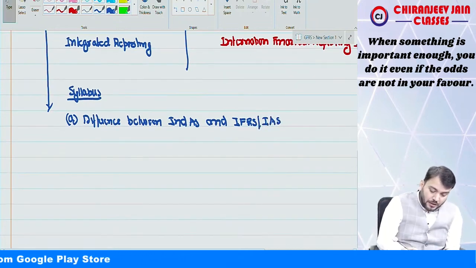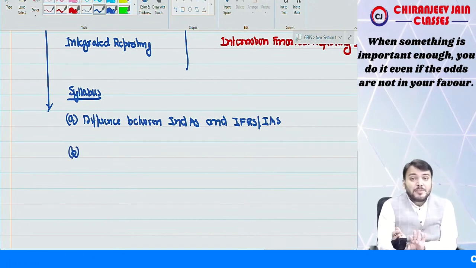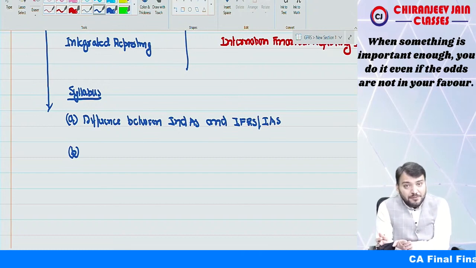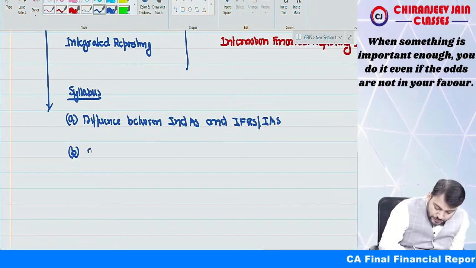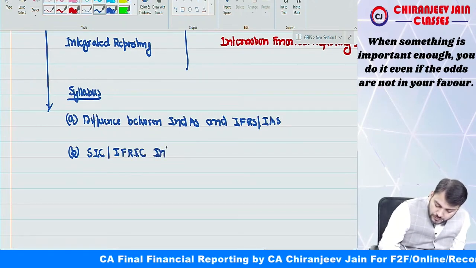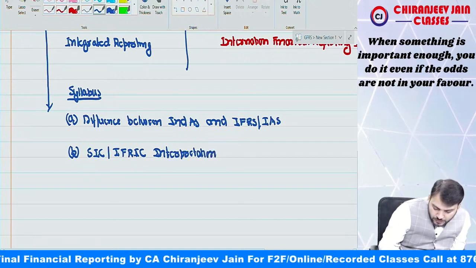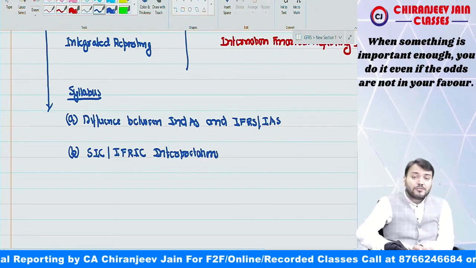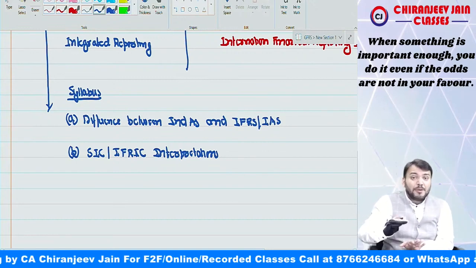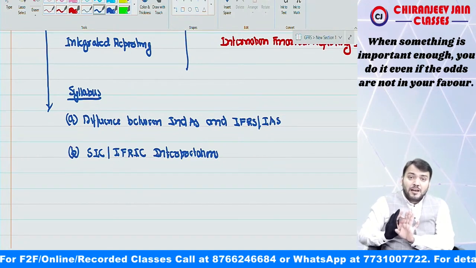And of course, we need to also do the interpretation given by SIC and IFRIC, the SIC and IFRIC interpretations, correct? But out of that also, many appendices to Ind AS are already covered in your financial reporting paper. Are you able to understand?